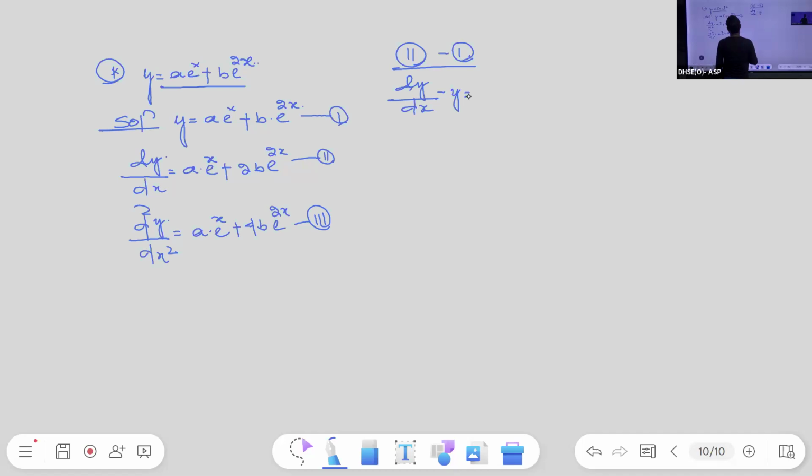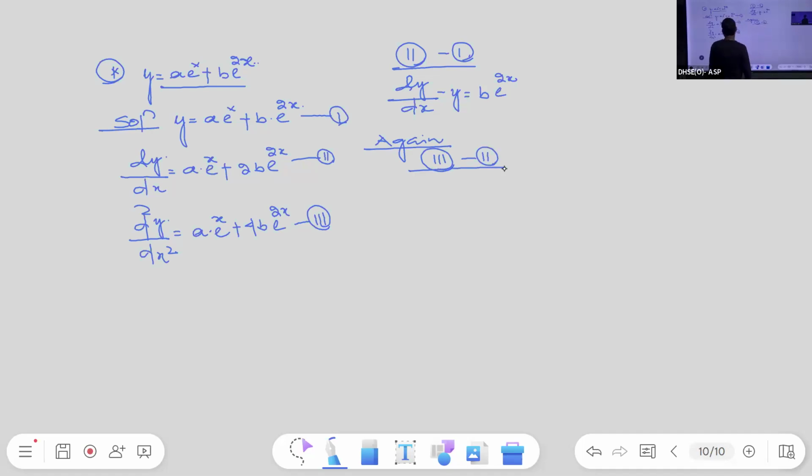So 2b e raised to the power 2x minus b e raised to the power 2x, that is b e raised to the power 2x. Again, equation 3 minus equation 2.